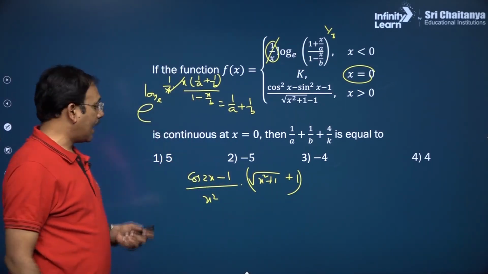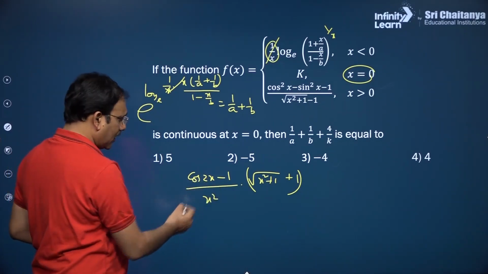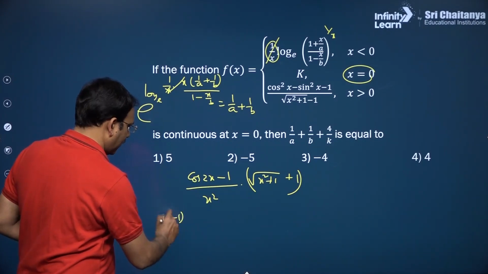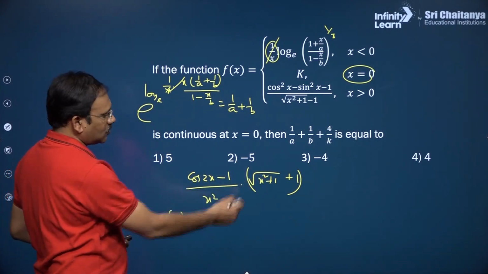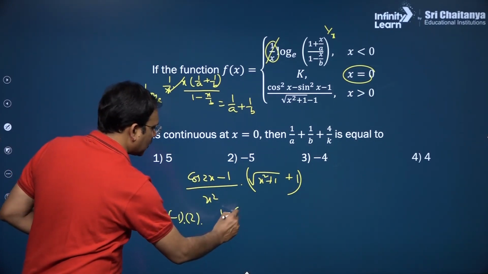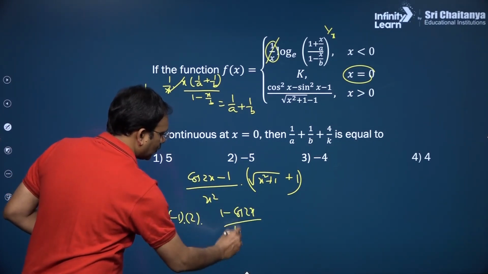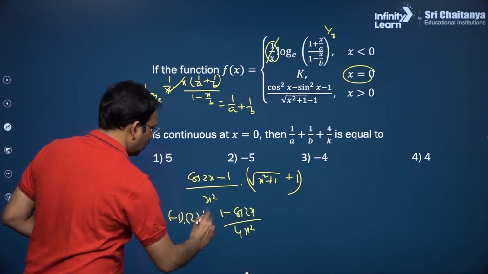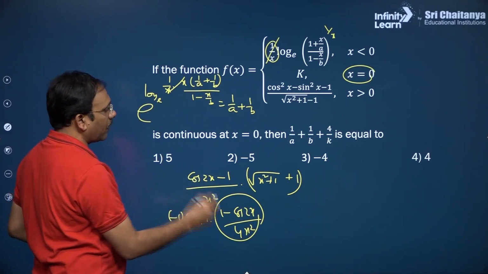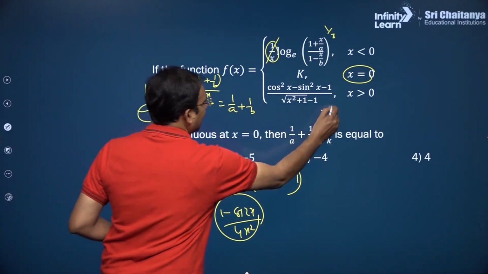You can take minus common here, so minus 1, as x tends to 0, 1 plus 1 is 2, this becomes 1 minus cos 2x by 2x whole square, which is 4x square, into 4 you write, my dear friends. This is going to be 1 by 2, so minus 4 is going to be the right hand limit.